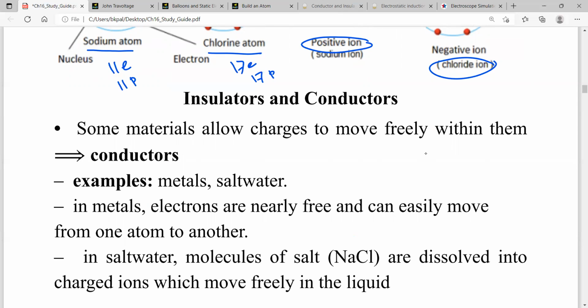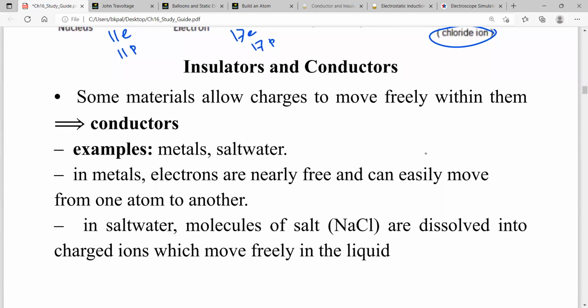Most of the heat conductors are electric conductors too. So the definition: electric conductors allow charges to move freely within them. Examples are metals and salt water.